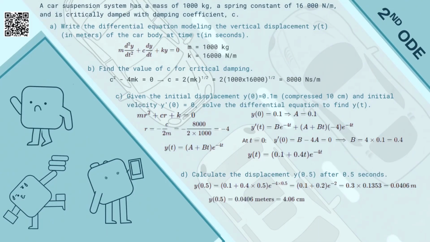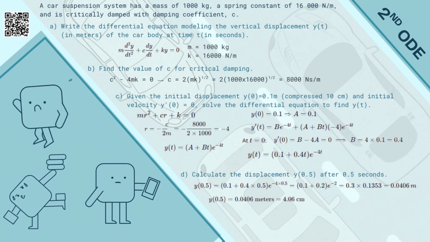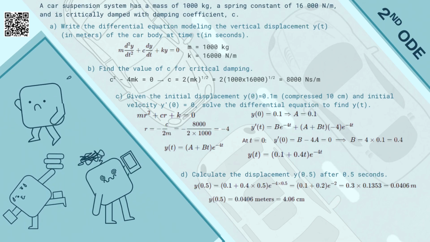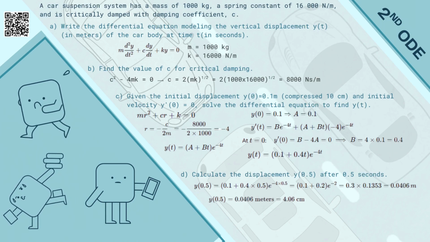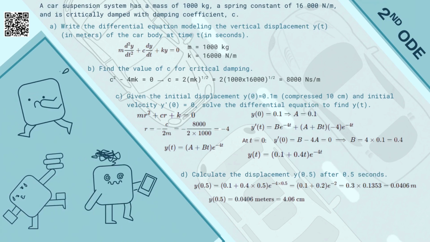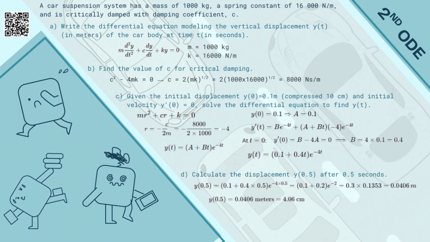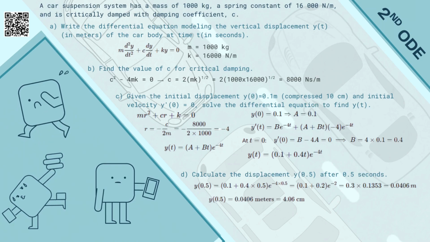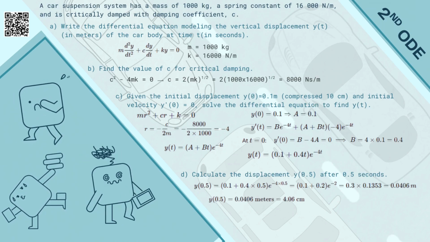We look at an example for second ODE. So the question is, a car suspension system has a mass of 1000 kilograms, a spring constant of 16,000 Newton per meter, and is critically damped with a damping coefficient. Write the differential equation modeling the vertical displacement in meters of the car body at time in seconds.